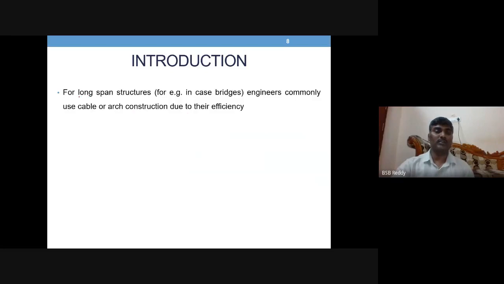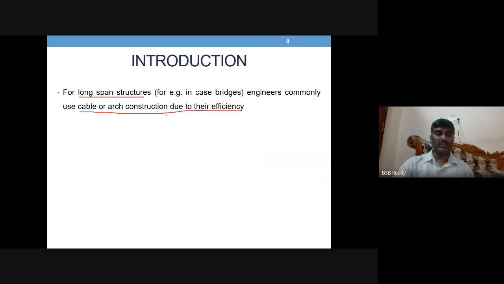For long span structures, engineers commonly use cable or arch construction due to their efficiency. I was discussing what is the problem with long span. Bending moment is going to increase with the square of the length, L square.